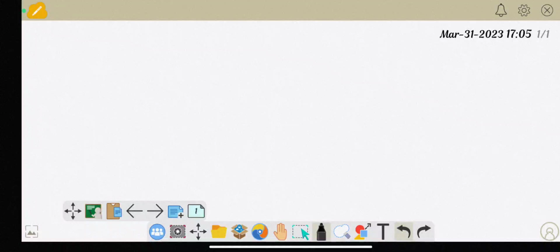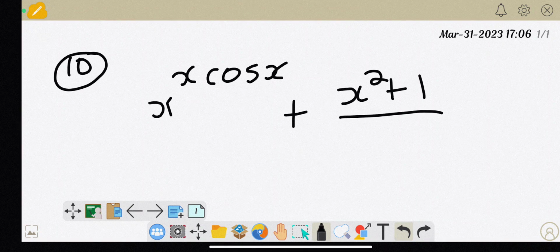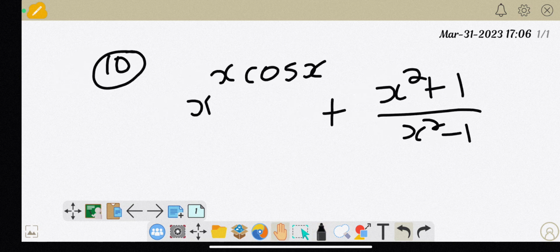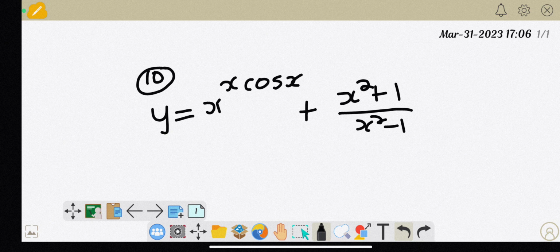U plus V, right? So here you can see this is a little bit difficult, what I feel. So this is the question. X square plus 1 divided by x square minus 1. Here. How can you solve this question? Y is equal to.